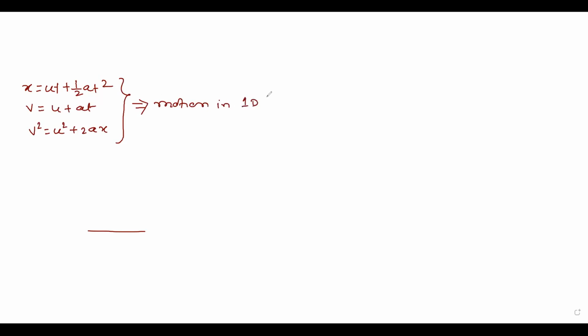You may revise the previous session of ours on constant acceleration, where v is the final velocity, u is initial velocity, a is acceleration of the particle, and x is the displacement covered.